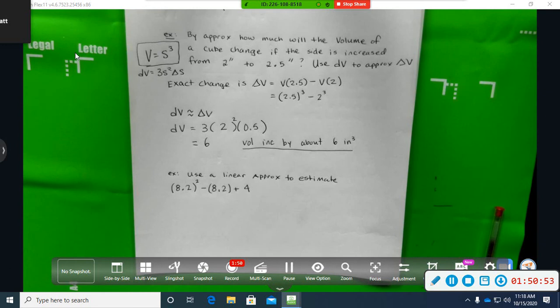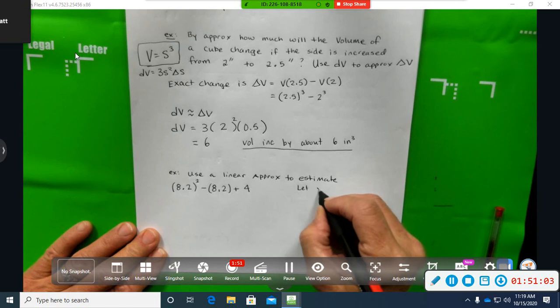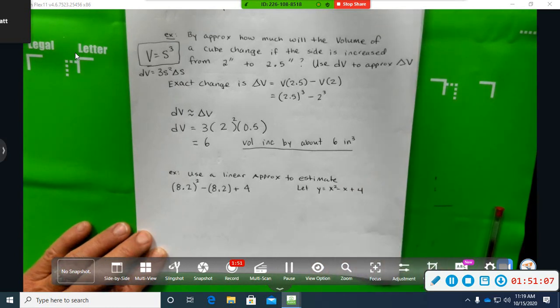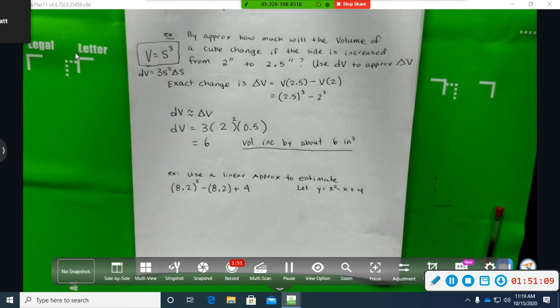So in that case, you treat that as a function, x squared minus x plus 4. And you want to write the equation of the tangent line to that particular parabola at the point where x is near 8.2. So we'll write it at x is 8.